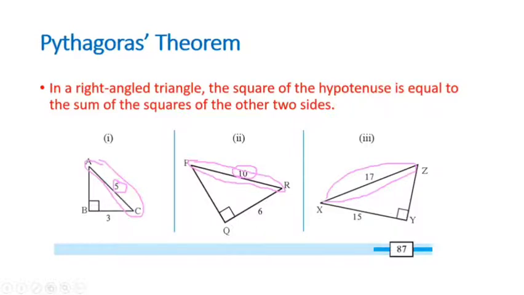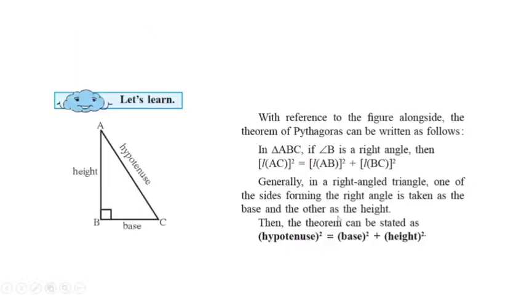Yes, these all three are right angled triangles. The square of a hypotenuse is equal to the sum of squares of other two sides. Sum means addition. Addition of square of QR and square of PQ is equal to square of PR. Let's study in detail now.